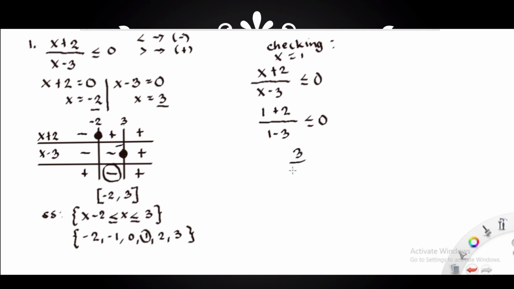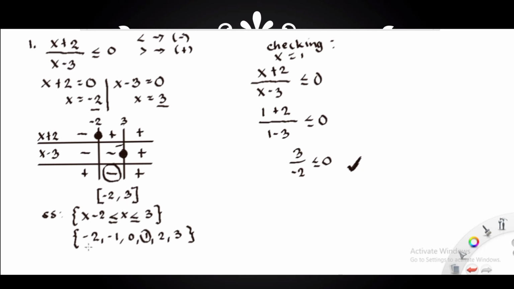And 1 minus 3 is negative 2. Is it less than or equal to 0? So since this is a negative number, we know that any negative number is less than 0. So it means to say na tama itong ating equation. So since x equals 1 will satisfy this inequality.